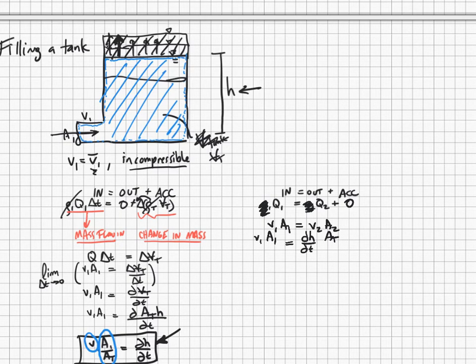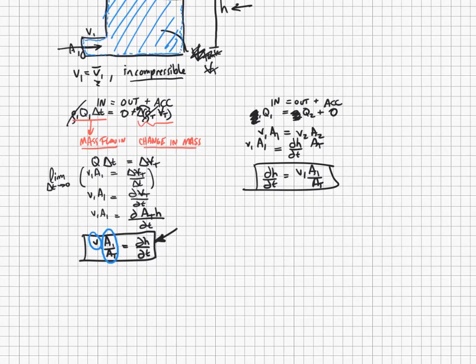If we rearrange that, we get dH dt equals V1 times A1 over AT. So that's just another way to do it. There are two ways to draw your control volume, which will both give you the same solution. There probably aren't other ways. This problem's fairly straightforward, but whatever.